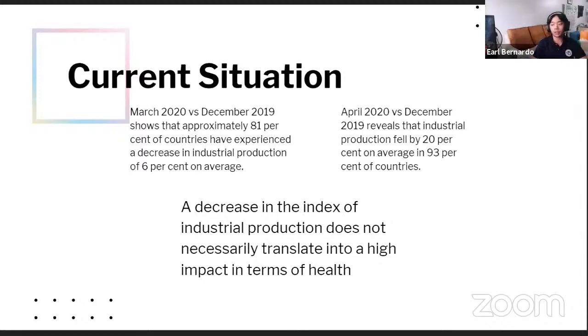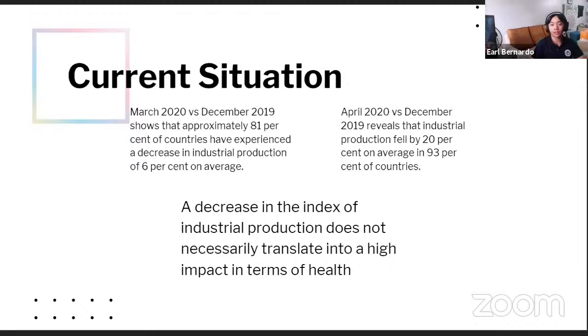And then pagdating nung April 2020 versus December 2019, 1 month lang yung difference from March to April, but the industrial production fell by an average of 20%. So medyo ang laki nung for a month, ang laki nung naging difference ng decrease from 6 to 20. So it shows that there is a very heavy impact of the COVID-19 dun sa economies ng different countries.